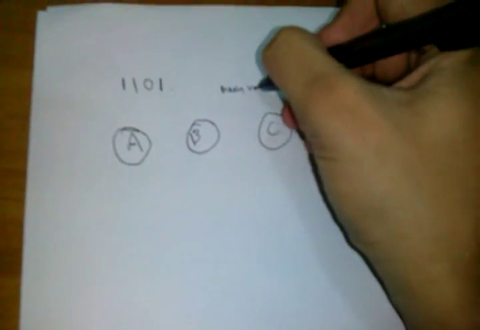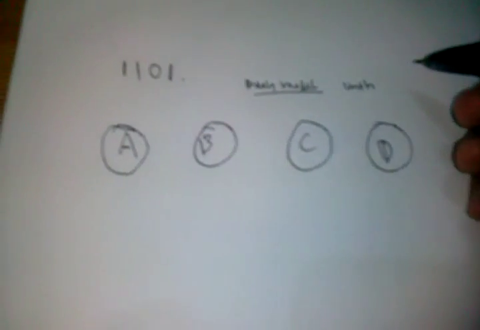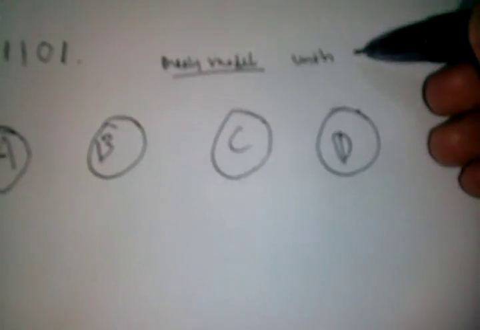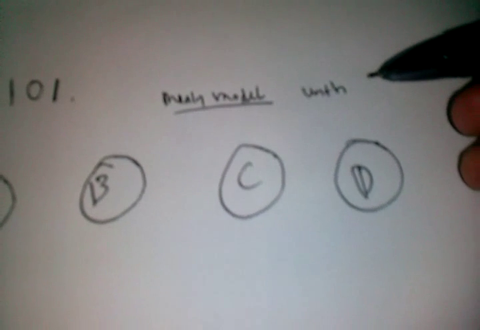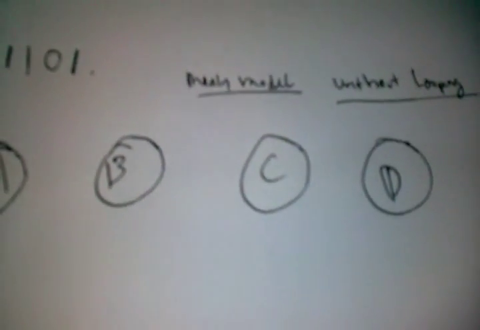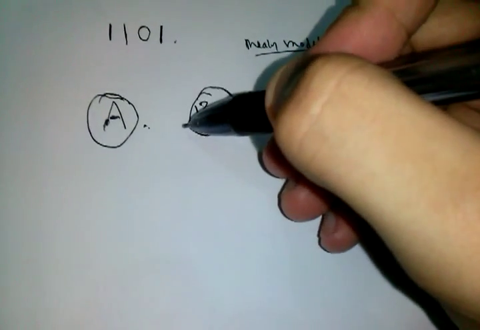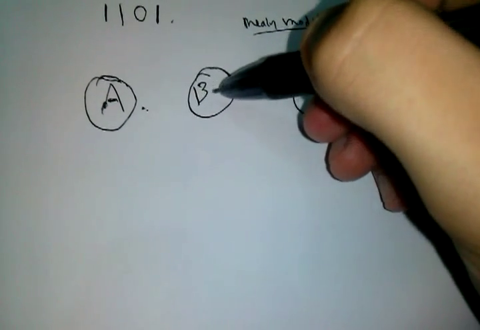I use this Mealy model without looping. I want to write, if state A gets 1, it crosses to B, I mean it travels across to B if it gets 1.